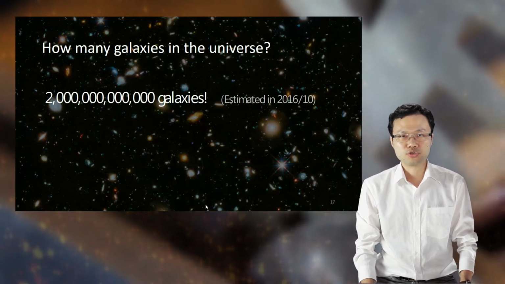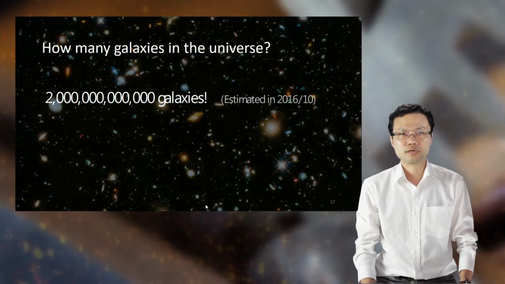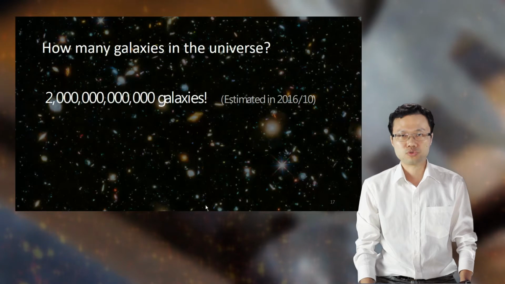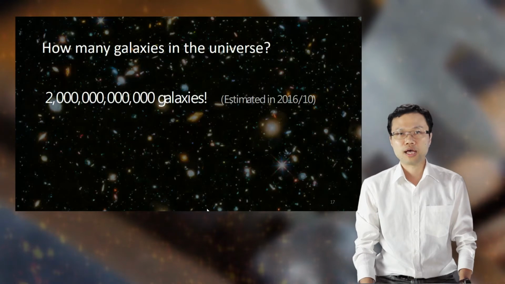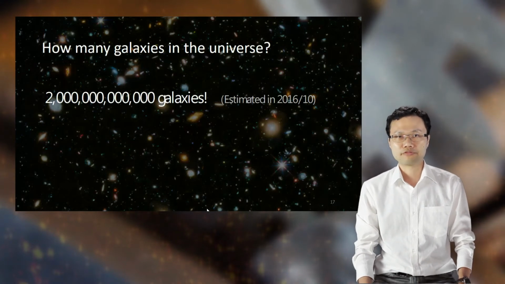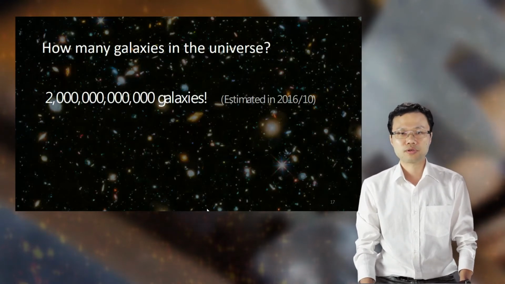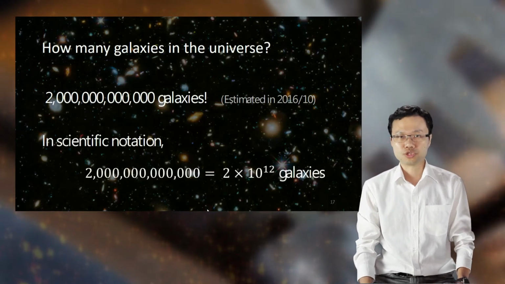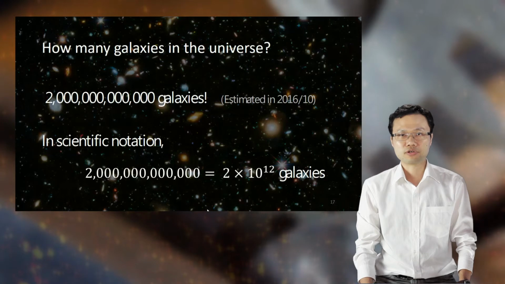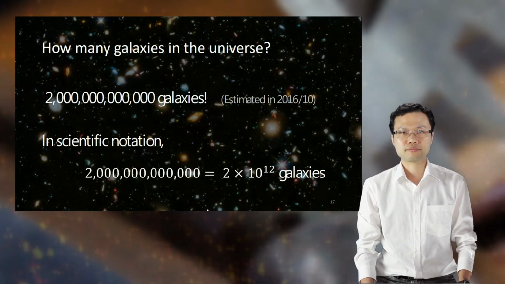This is a huge number. There are 12 zeros following the first digit 2. It is so huge that it's not easy to get the idea of how many zeros there are at first glance. To assist our quick perception of such a huge number, the scientific notation comes into play.